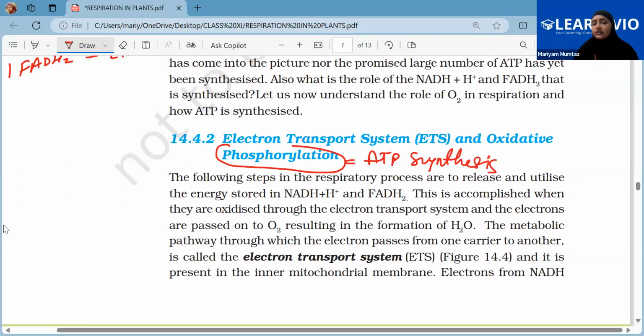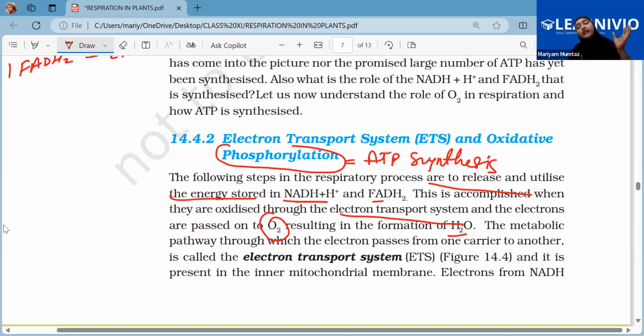Now, the following steps in the respiratory process are to release and utilize the energy which is stored in the NADH2 and FADH2. This is accomplished when they are oxidized through the ETS, that is the electron transport system, and then their electrons are passed on to oxygen, resulting in the formation of water.